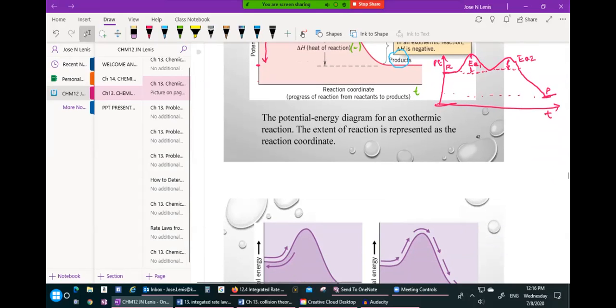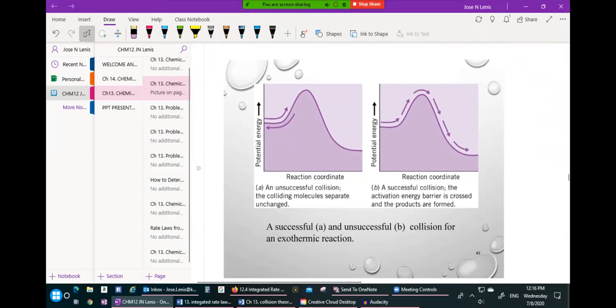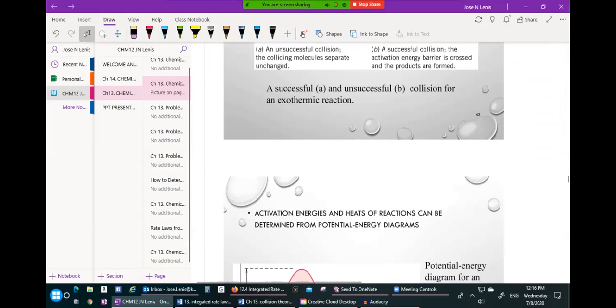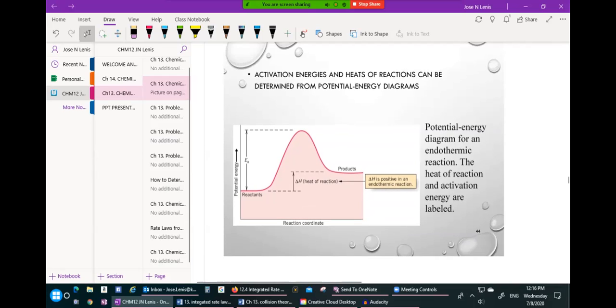Let's analyze the case of an endothermic process.